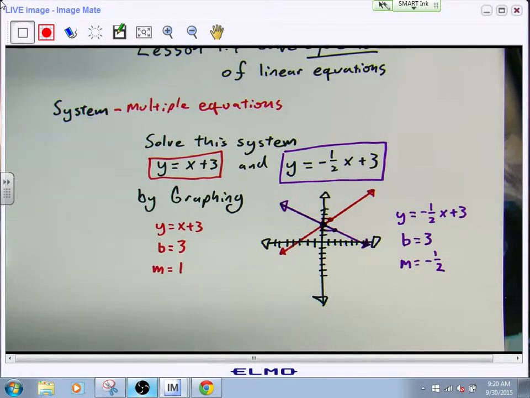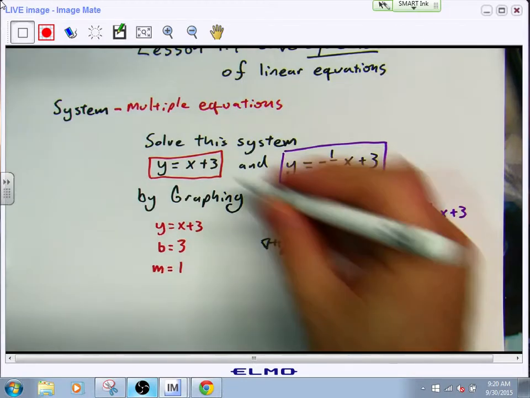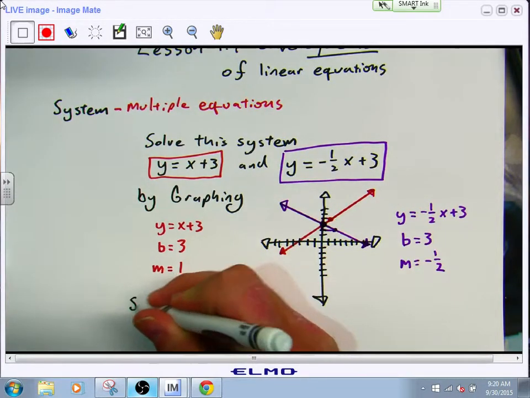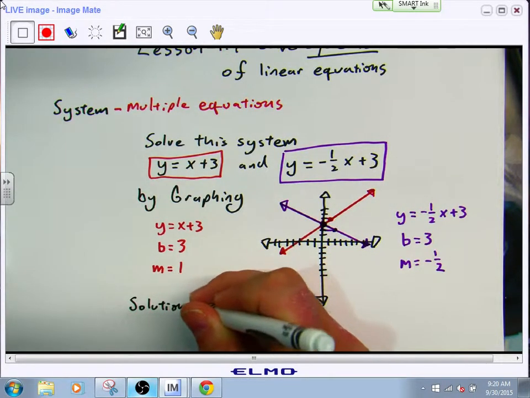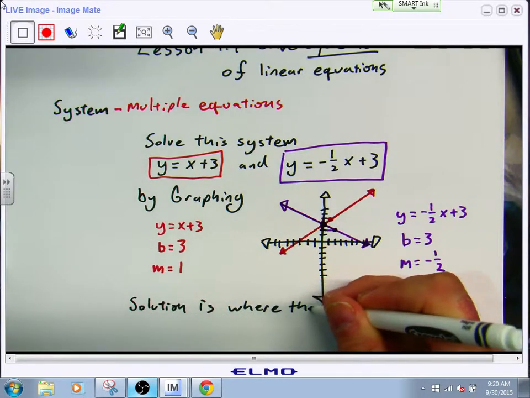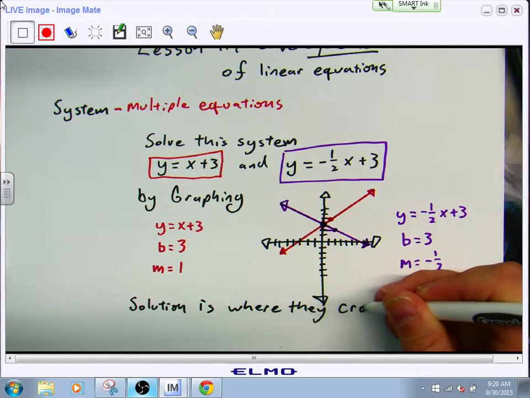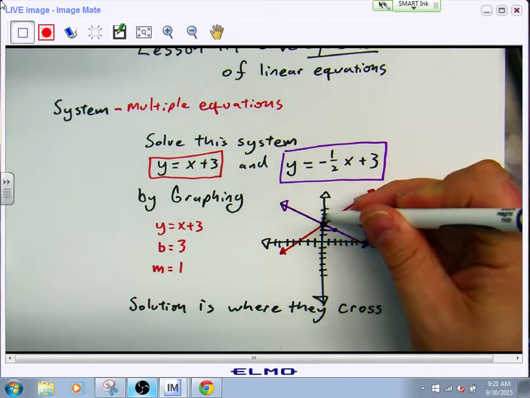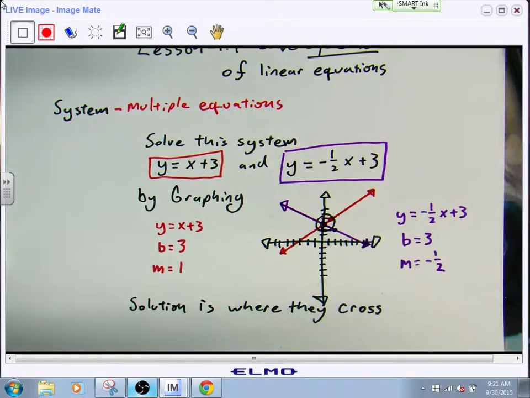Now I need to figure out where it is that they're both true at the same time. So when I'm looking for the solution, it's where they cross. And I can see they cross right there.